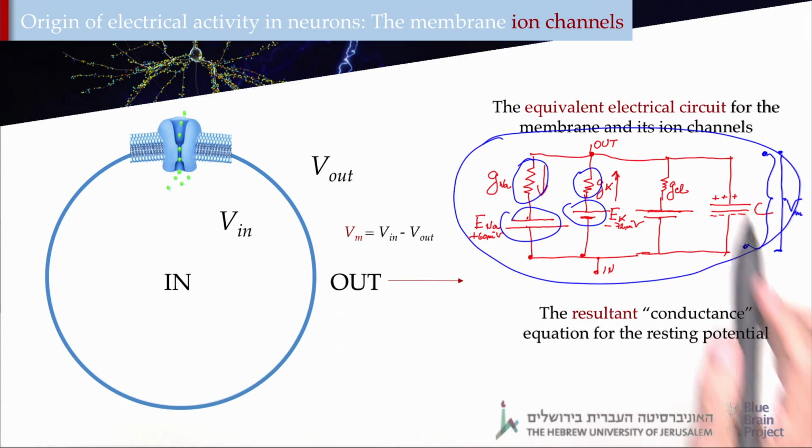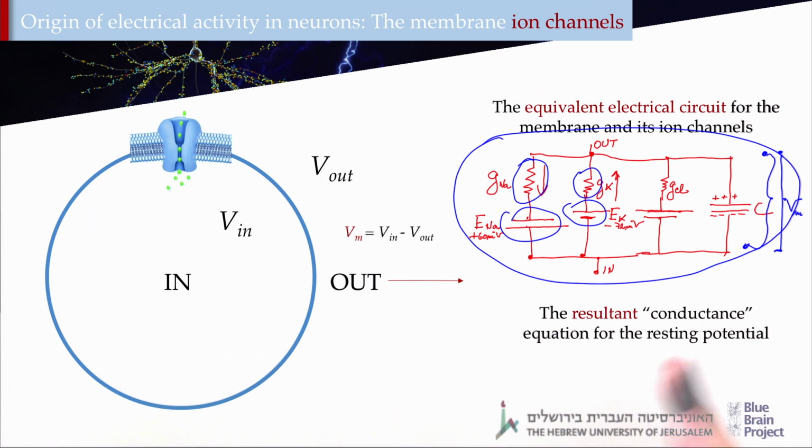So I can in principle now write the equation that describes this whole circuit. Okay, so now that we have this circuit, I would like to write the equation for the circuit, and this comes from Kirchhoff's law, which will give me the mathematical description of this circuit.